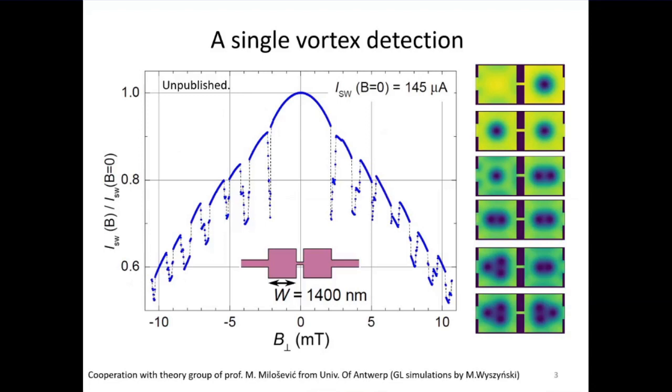It's not exactly periodic, but if you want to find the approximate value, you can expect the next entry at double the field at which the first vortex entry happened. Thank you very much.